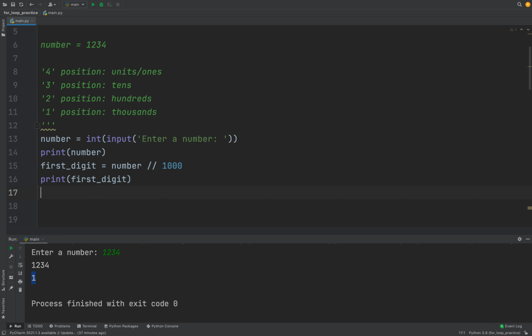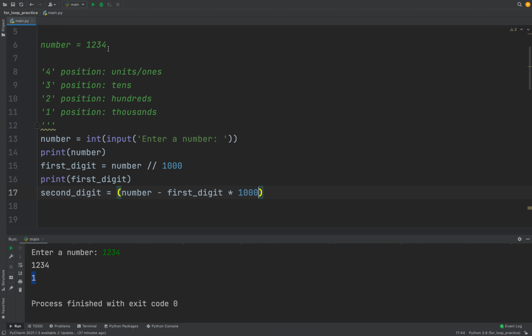So let's do it. I'm going to say second digit equals, in parentheses, number minus, now I have the total number 1234. I want to subtract 1000 out of it. The way I can do it is I say first digit multiplied by 1000. What's the first digit? First digit is 1. If you multiply it by 1000, it gives you 1000.